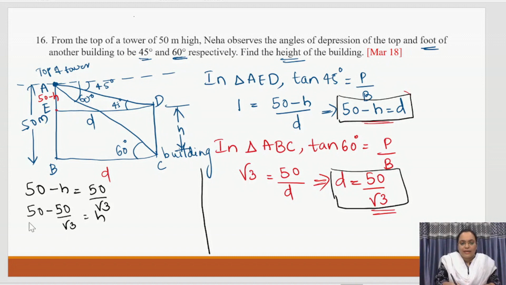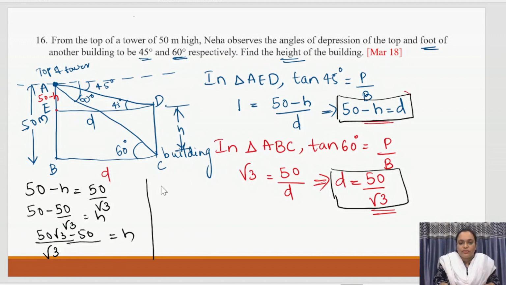If you take an LCM, you will get root 3 in the denominator: 50 root 3 minus 50 is equals to h. If you take 50 common, root 3 minus 1 divided by root 3. You can multiply and divide with root 3.